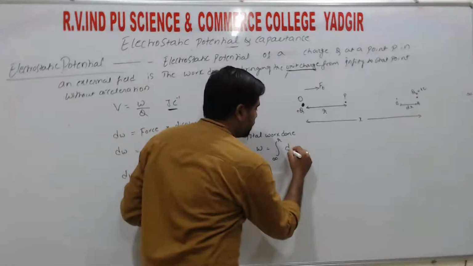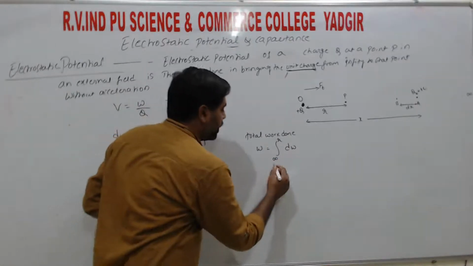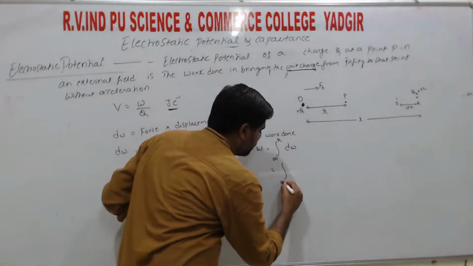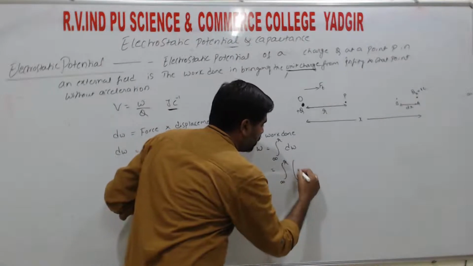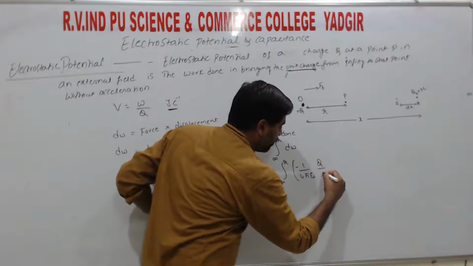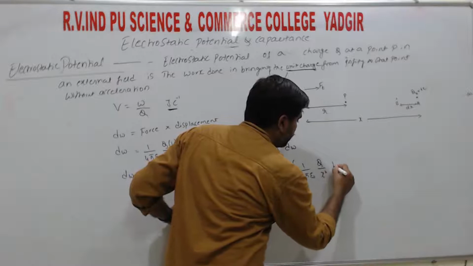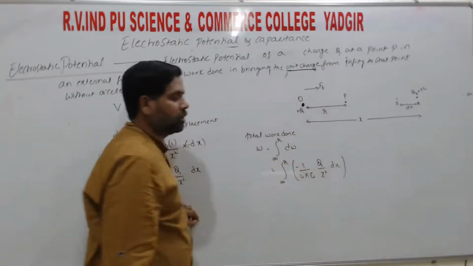Now we know the value of dW, substituting here: from infinity to R, minus 1 divided by 4 pi epsilon naught Q divided by x square into dx.